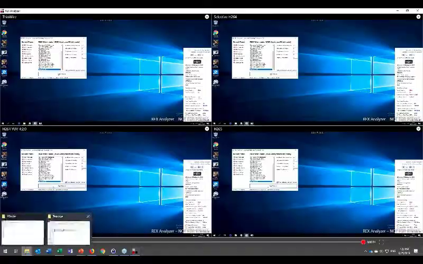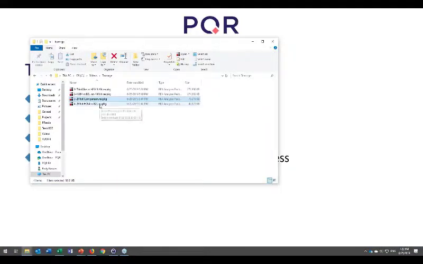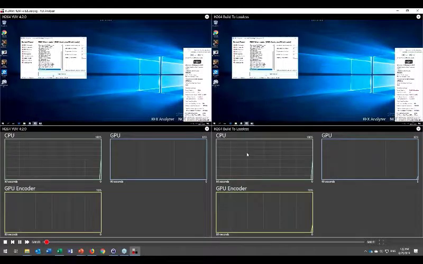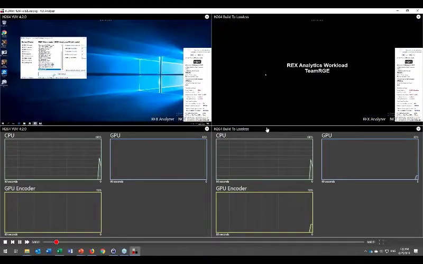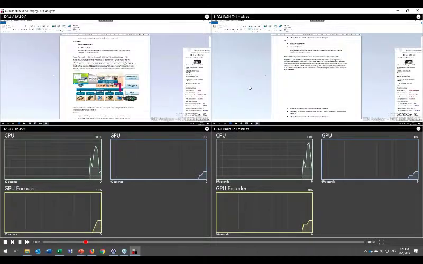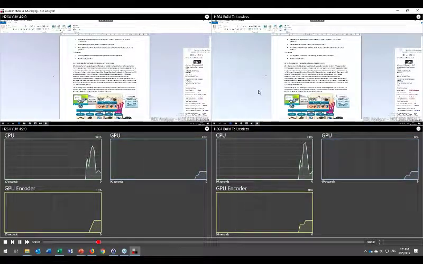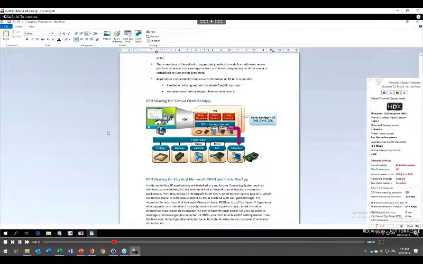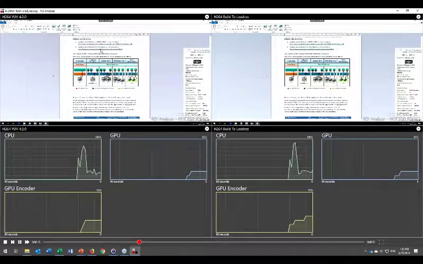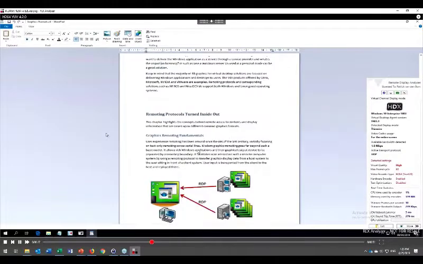So the last one is that if you want to use H.264 for the compression, you can use built-in lossless. So as you can see, at the right side, the built-in lossless tends to sharpen, while the left side remains blurry.